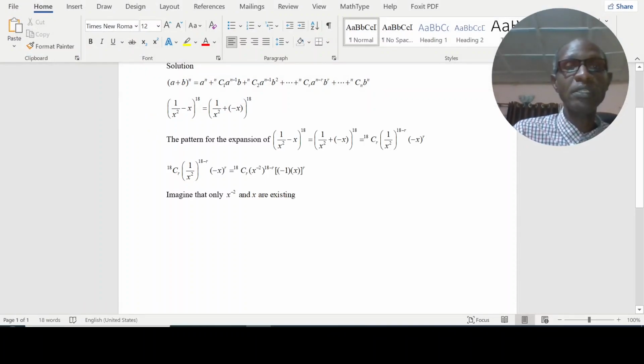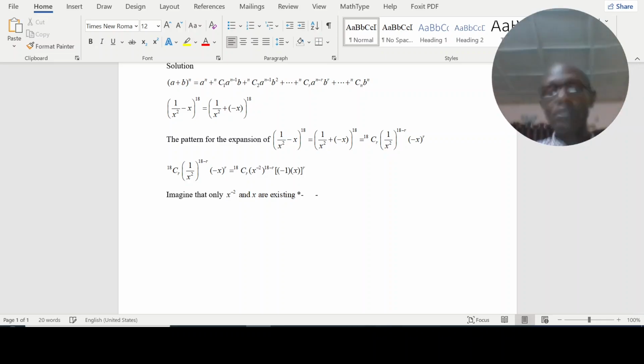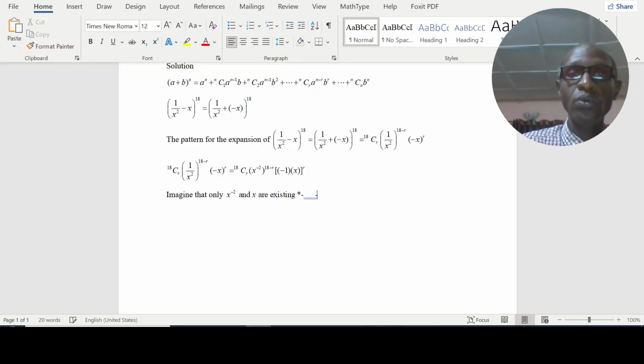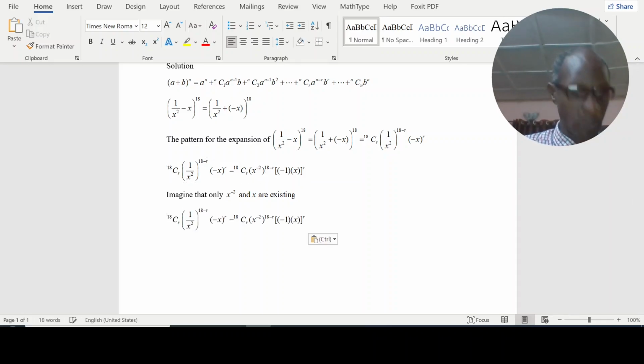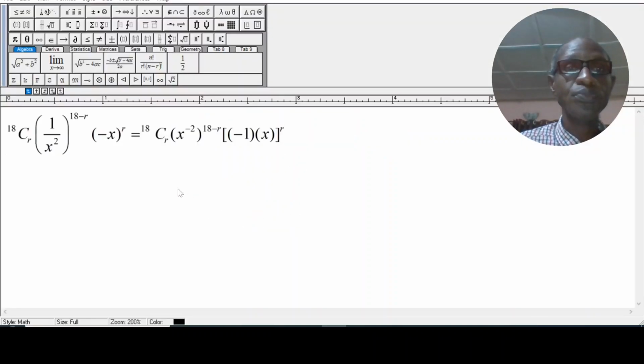So let's imagine that only x raised to the power of minus 2 and x are existing. Let me bring this down so that you see what I'm saying. Just imagine that it's only this term that's existing.